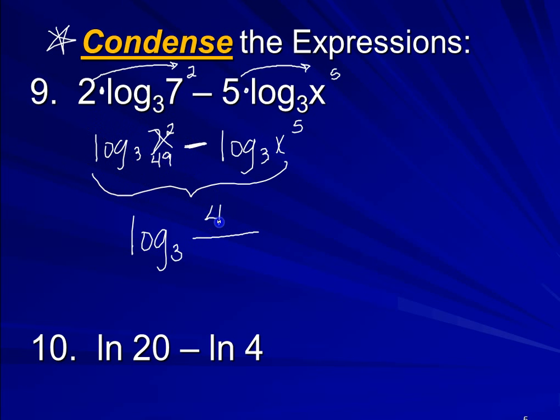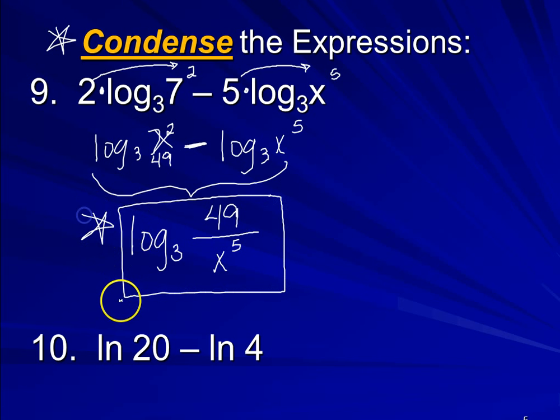Log base 3 of 49, minus, so that minus is why it's division. So log base 3 of x to the 5th belongs on the bottom. Again, the whole point of condensing is to get down to 1 log, which we did in this question: log base 3 of 49 over x to the 5th.